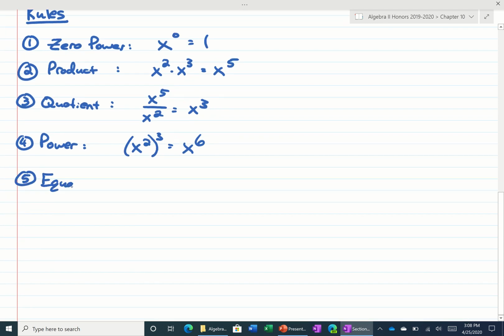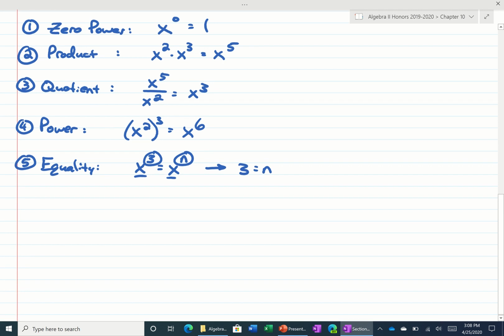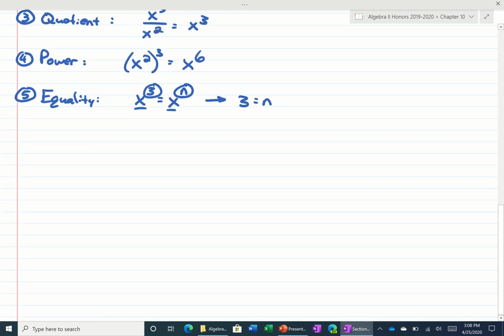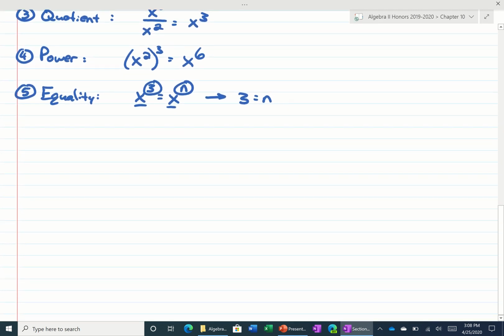This might be new for us. Property of equality says if you have like x to the third is equal to x to the n, then 3 would equal n. As long as the bases are the same and they're equal, that means the powers are the same. It's pretty easy. So I have a few examples to go over today, not a big deal.